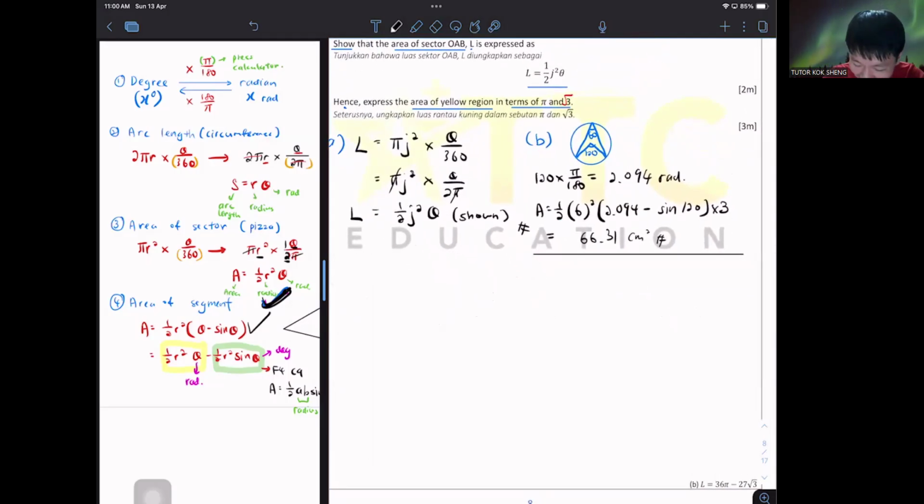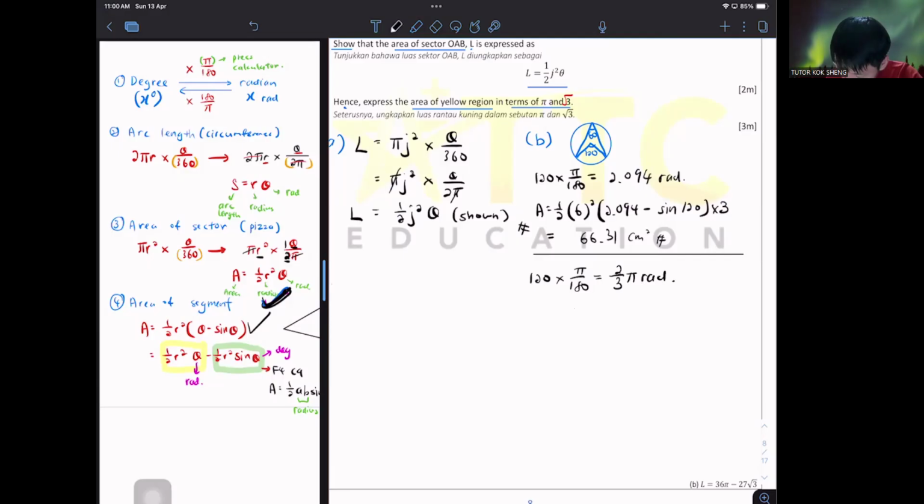Okay, first one. 120, you change to radian, because they want it in terms of pi and the surd. So when you're pressing this answer, you cannot press the pi here. 120 divide 180 only. The pi you have to keep. 2 over 3 pi.